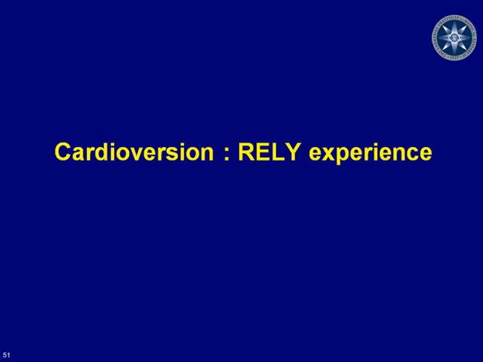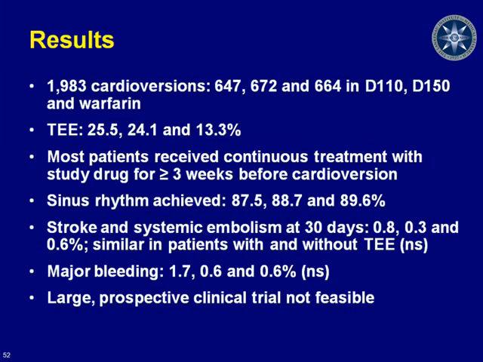Next slide is the only one of the novel agents to be evaluated in the setting of cardioversion. Next slide is the Dabigatran, and this study was published in Circulation earlier this year.